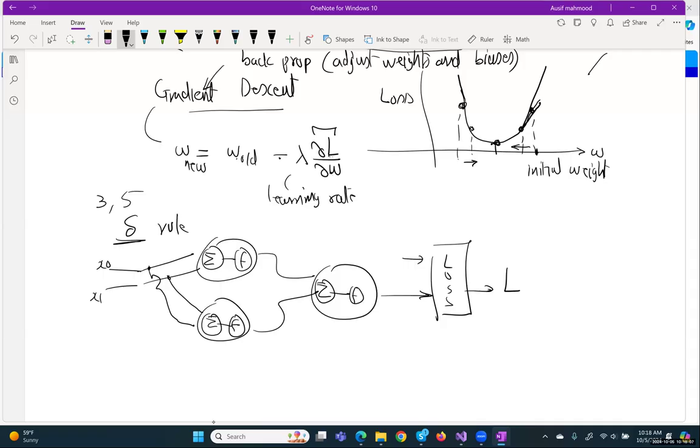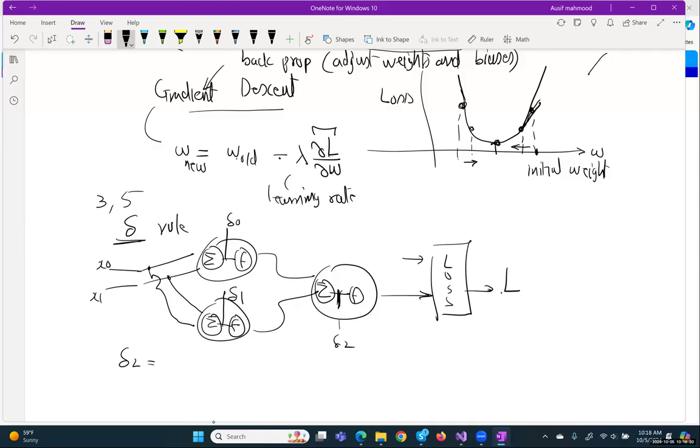Delta was the value of the gradient with respect to the loss up to the middle of the neuron, right? If we call it neuron 0, then this will be, suppose, delta 0. This will be delta 1. This will be, let's say, delta 2. What's the definition of delta 2?